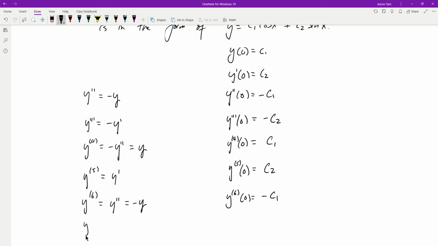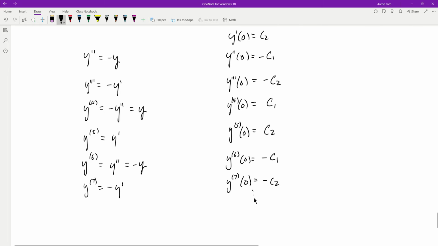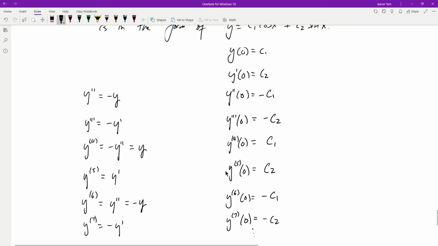And then you can probably guess what the next one is going to be. It is negative y prime. So the seventh derivative is negative c2. And this pattern goes on and on forever. So what does that mean for our Taylor series?